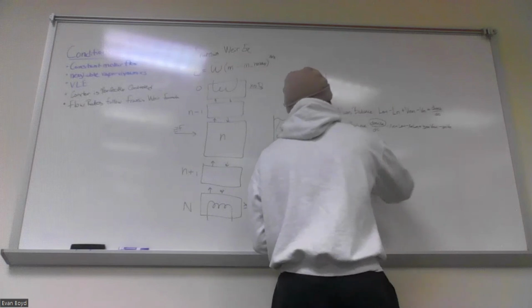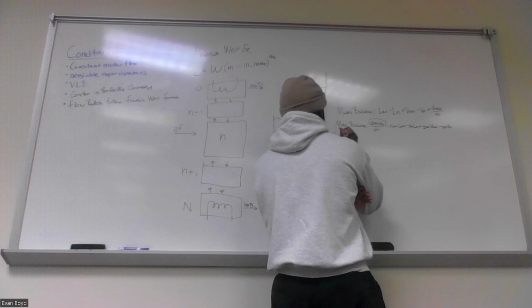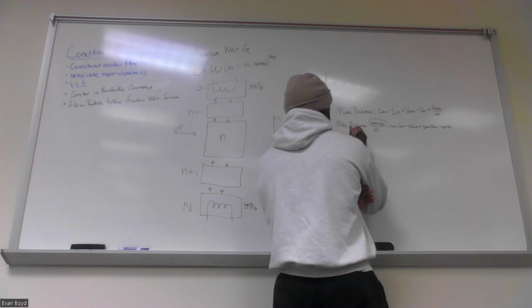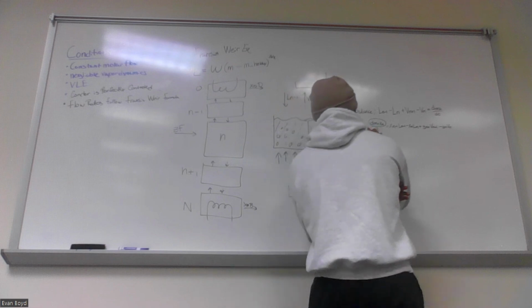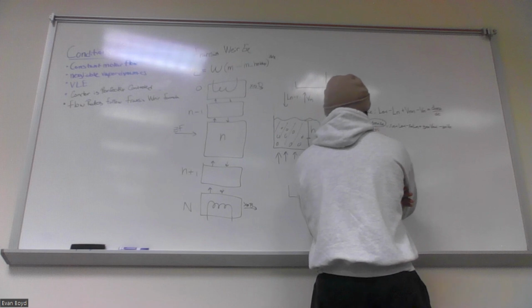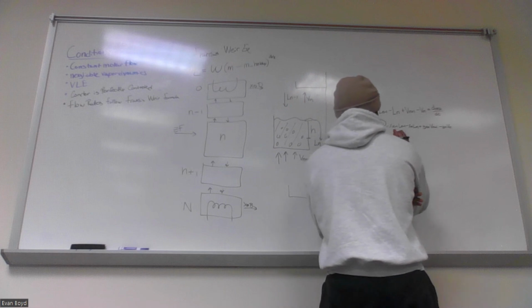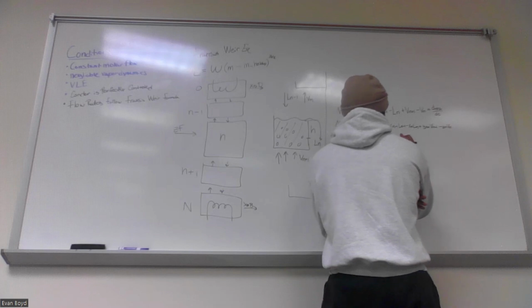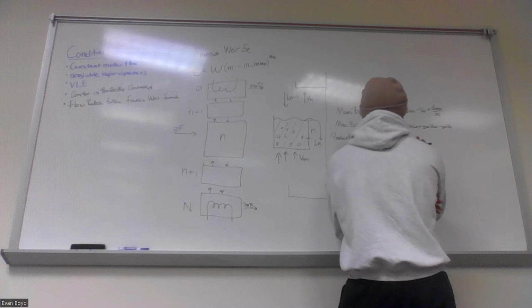So here is the product rule. I'll do an example. Say we had the derivative of xy with respect to t. This would be equal to x times the derivative of y with respect to t, plus y times the derivative of x with respect to t.